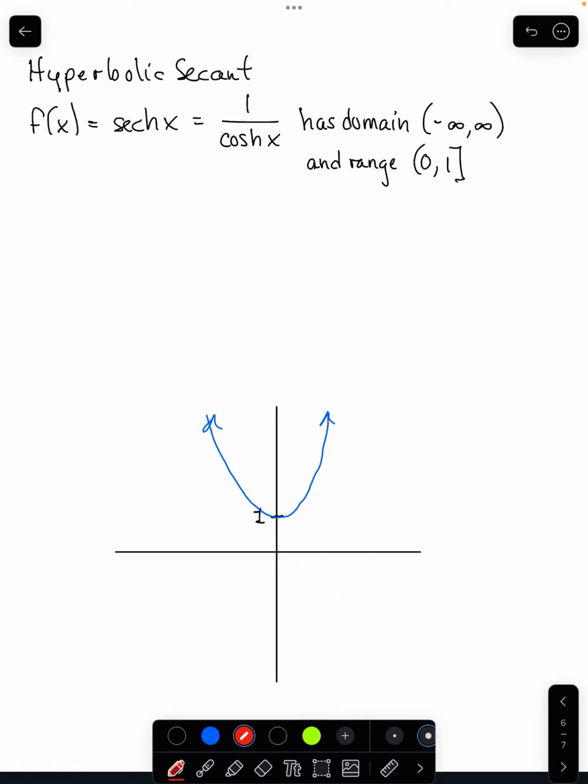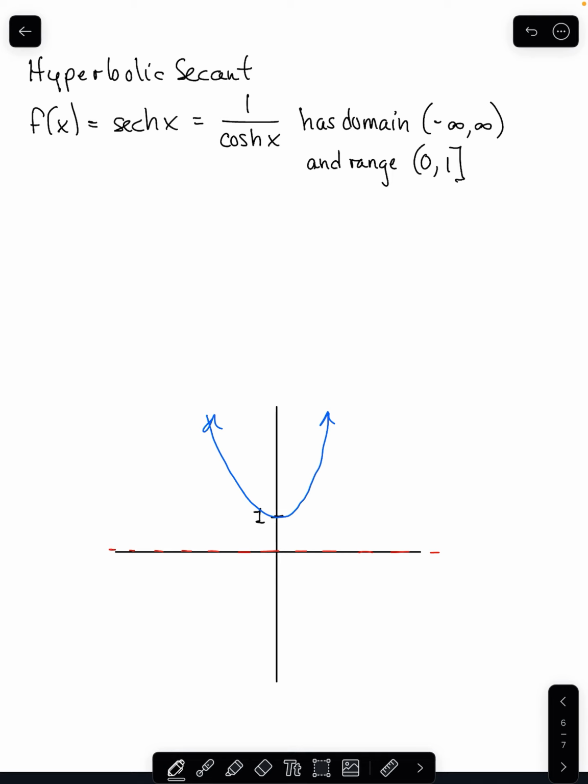So the graph of hyperbolic secant is going to have a horizontal asymptote at y equals 0, and its graph will have to rise up to meet the hyperbolic cosine at 1, and then as hyperbolic cosine curves upward, hyperbolic secant will have to curve downward and approach its asymptote, and symmetrically on the other side.